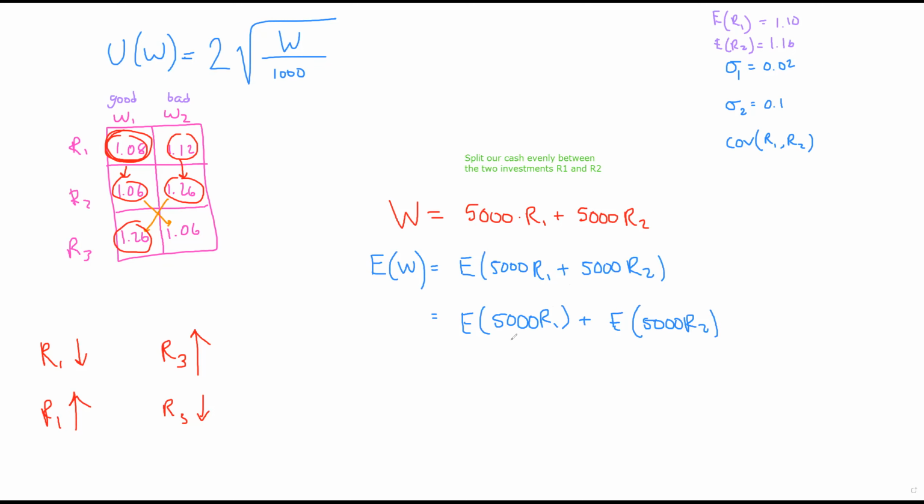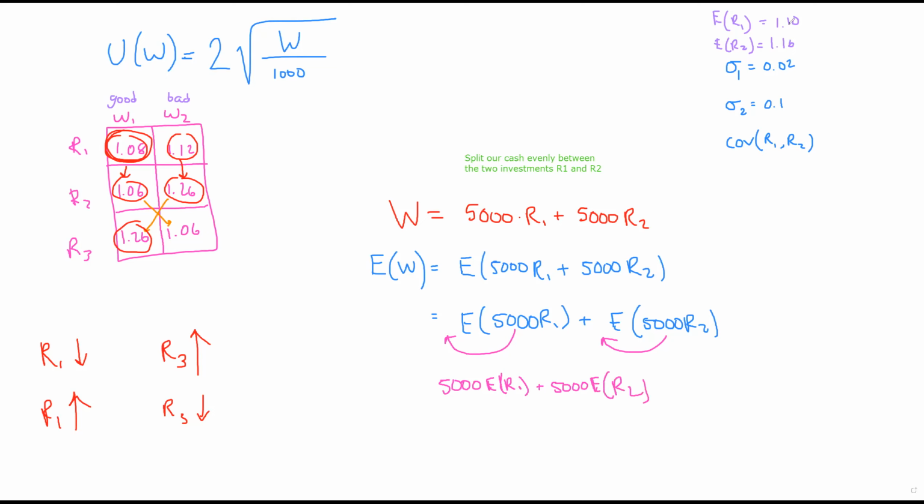Another thing you can do is take out any coefficient of a random variable in front of the expected values. This is 5,000 times expected value of R1 plus 5,000 times expected value of R2.